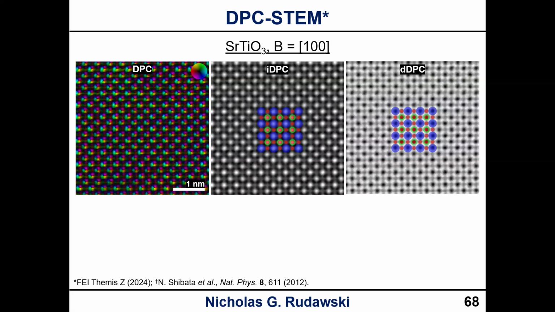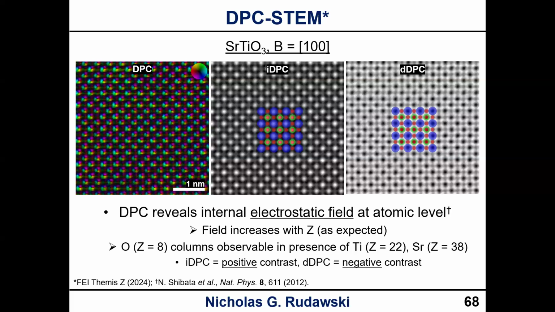If we do the same thing with DDPC, we can also do this. We have 2 sets of dots that are quite dark, and then we have another set of dots that's not quite as dark. But again, because we have more linearity with Z, it's possible to detect the oxygen in the presence of the titanium, oxygen, and the strontium. So again, DPC tells us the internal electrostatic field down to an atomic level.